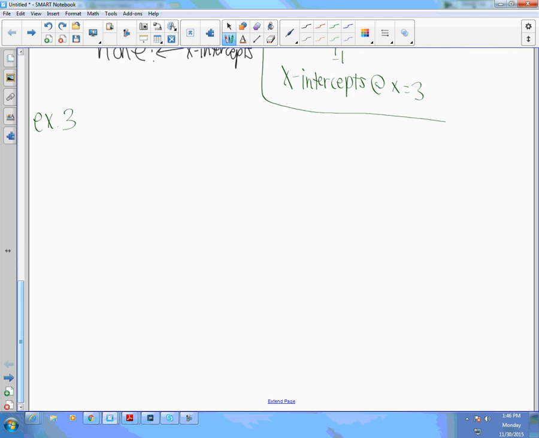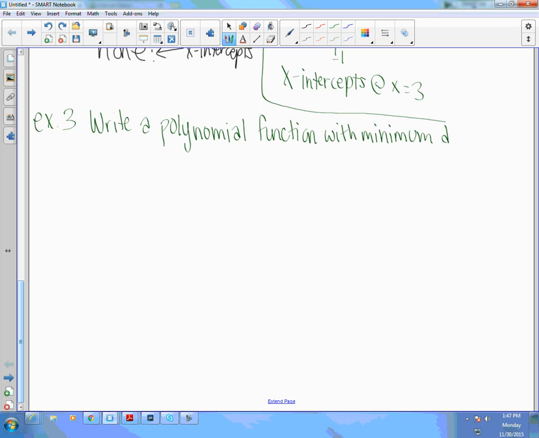Write a polynomial function with minimum degree in standard form with real coefficients whose zeros include negative 3.